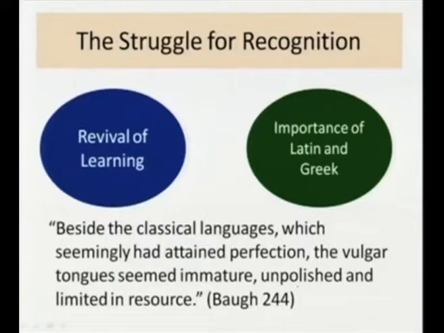As Baugh says in his book, beside the classical languages which seemingly had attained perfection, the vulgar terms seemed immature, unpolished and limited in resource, right. There was this attraction towards ancient learning, towards Latin and Greek, and therefore, we also find that vernaculars, languages like English, were in a struggle, so to speak, for recognition, right.